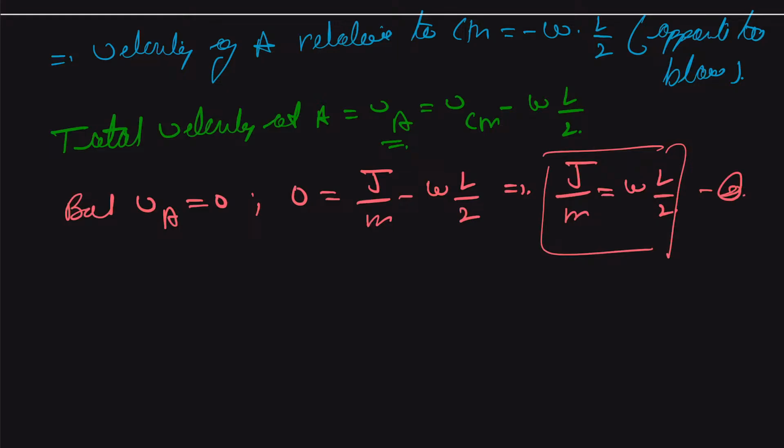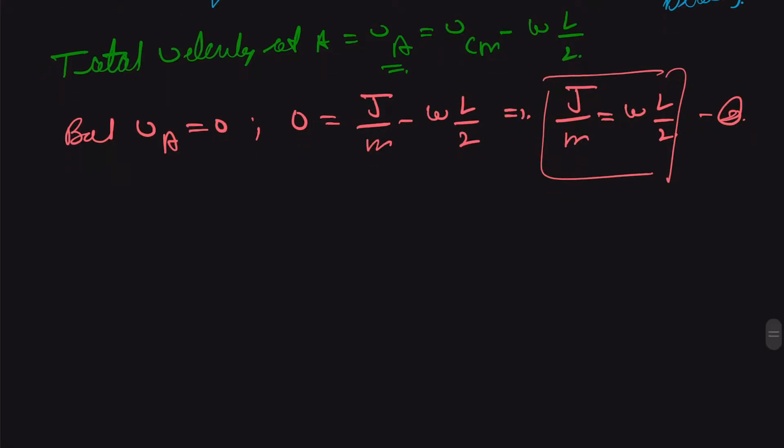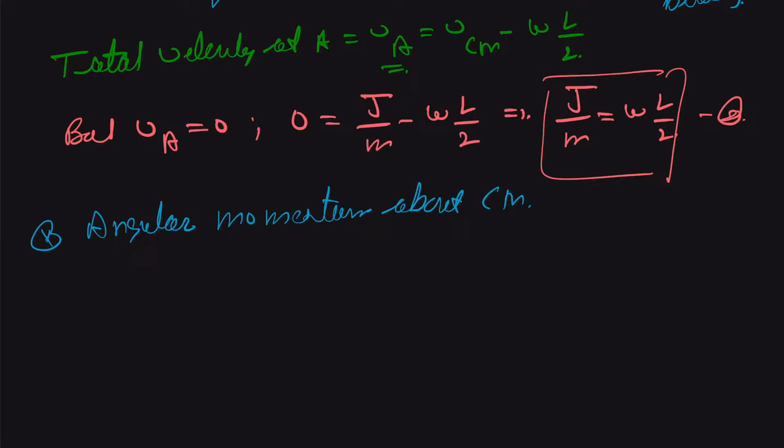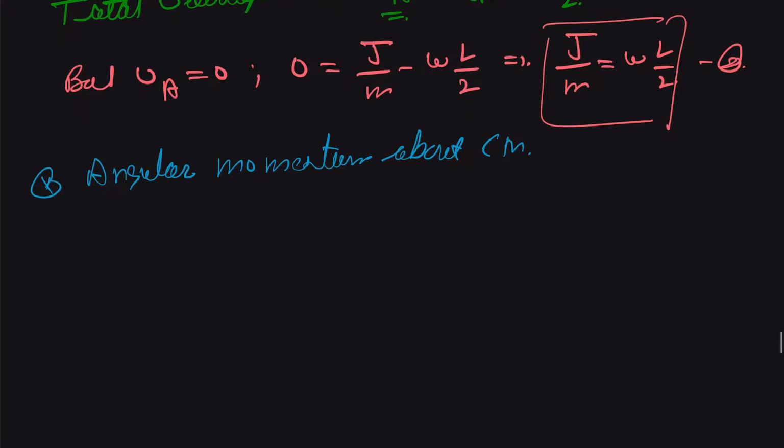And now we come to our angular momentum about the center of mass. The impulse, that is J, is at a distance of x minus L by 2 from the center of mass.